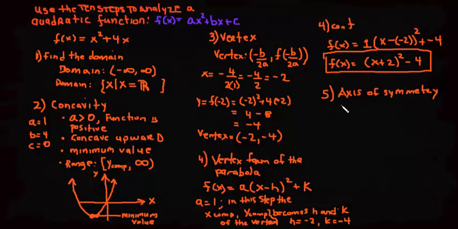Well, it's the x component of the vertex, which is x is equal to -b over 2 times a. Well, what was that value? The value is x is equal to what? -2. So -2 is the axis of symmetry, which cuts the graph in half. You see, -2.